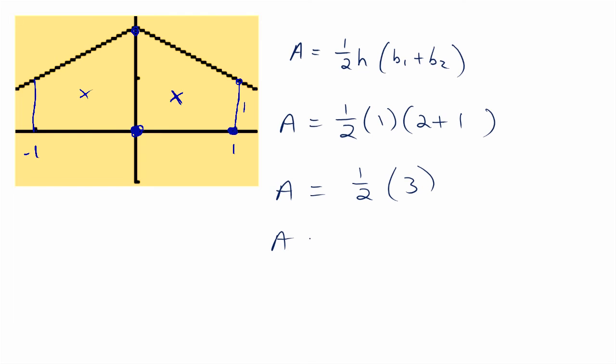So the area of one trapezoid would be 3/2. Multiply that by 2, we know that the total area from -1 to 1 would be 3. So we would write that as the definite integral from -1 to 1 of 2 minus absolute value of x dx is equal to 3.